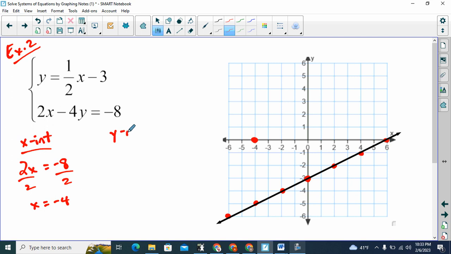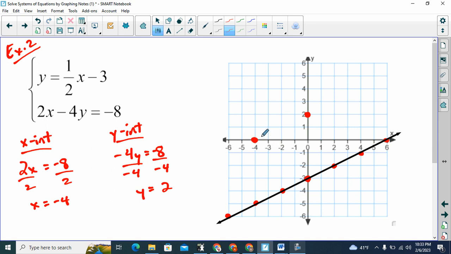The y-intercept we can get by putting 0 in for our x. If I put 0 in for x, my equation says -4y equals -8. Divide by -4, we get y equals 2. We have 2 points.